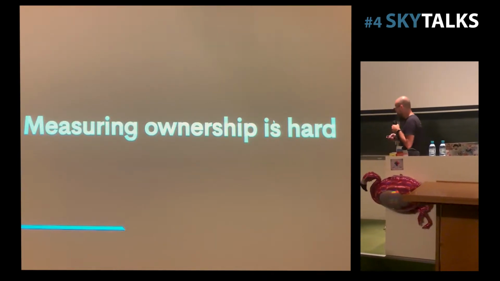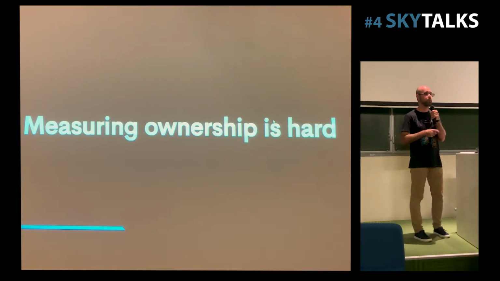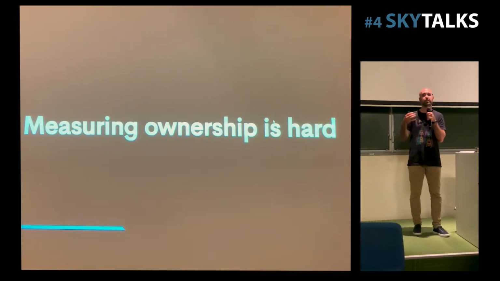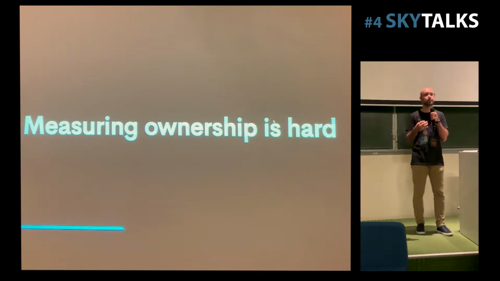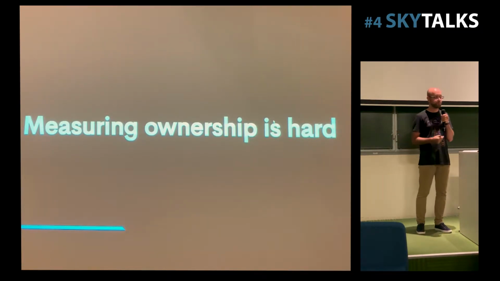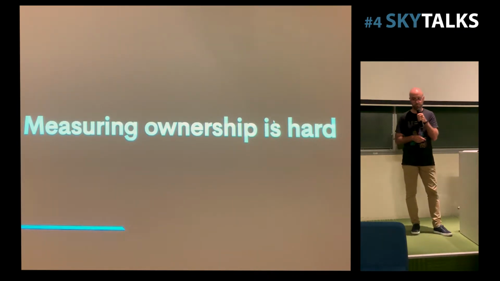However, you should not really trust this plot, because estimating the ownership in a project is not as simple as that. It's not enough to blame line by line and plot this and hope that this will be the answer. Imagine that you wrote 100 files in your project.